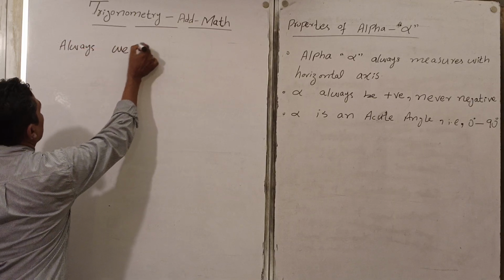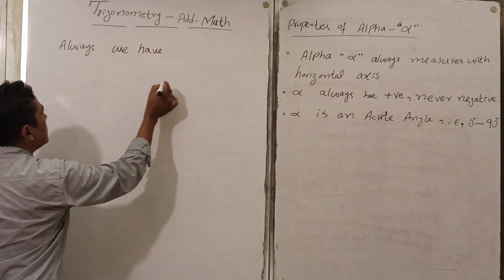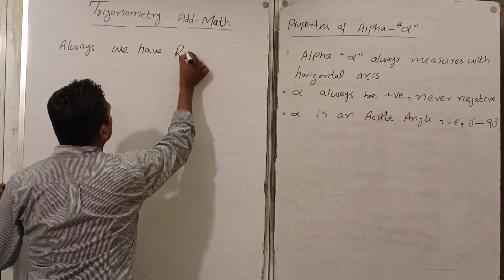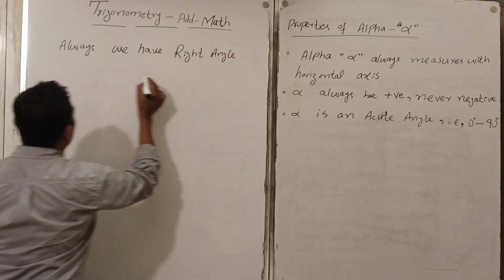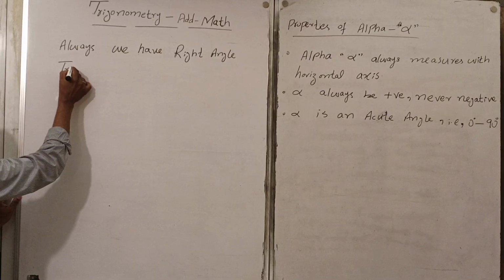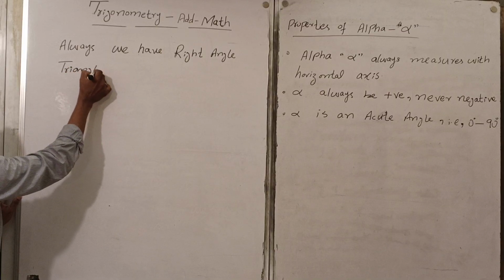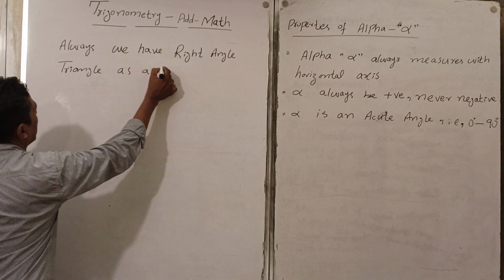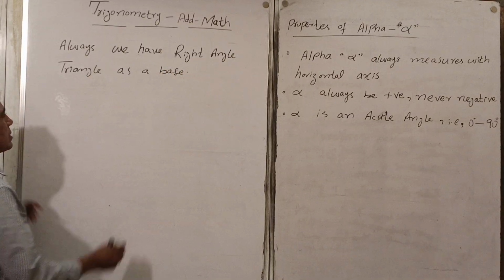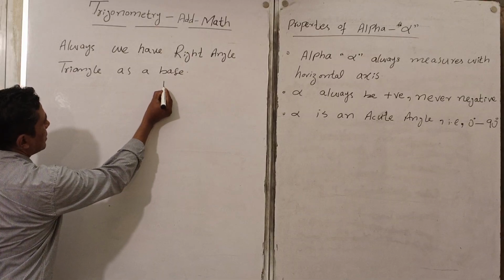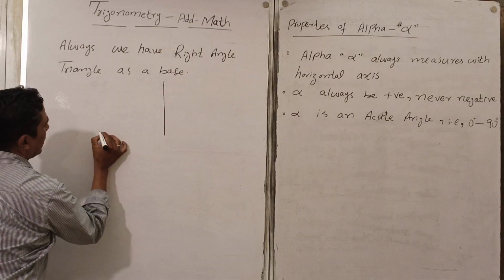We always have a right angle triangle as a base. So it means this is your right angle triangle.